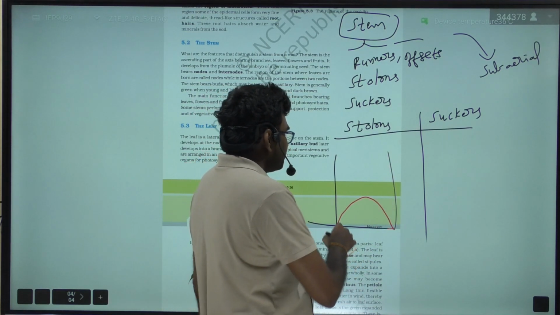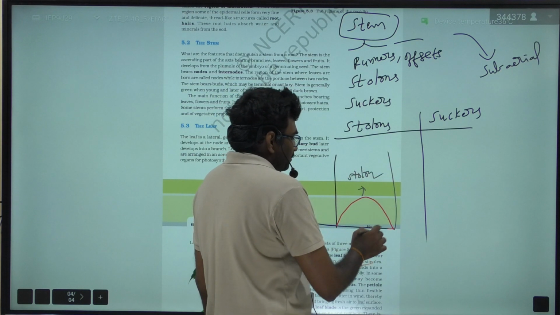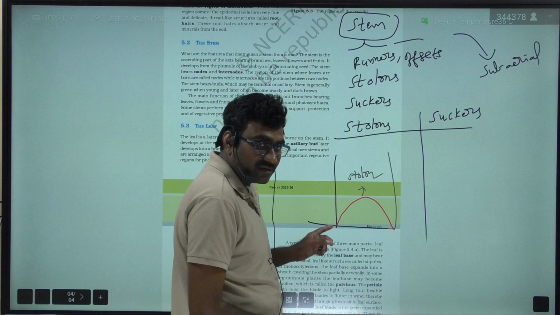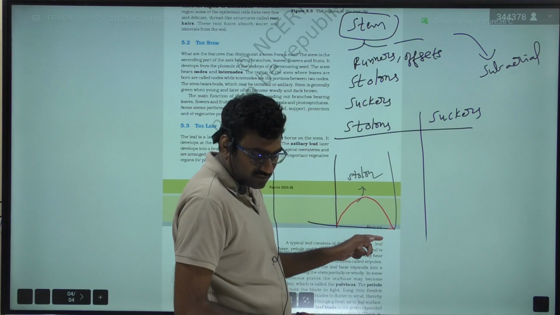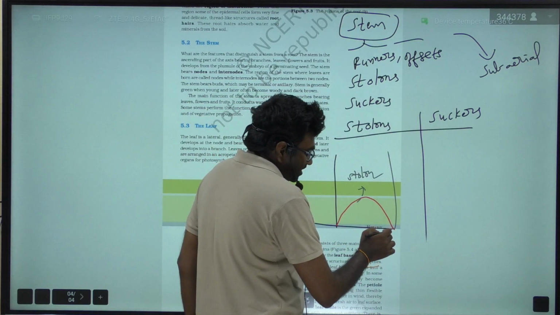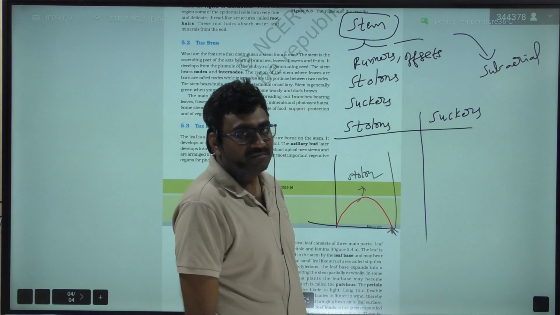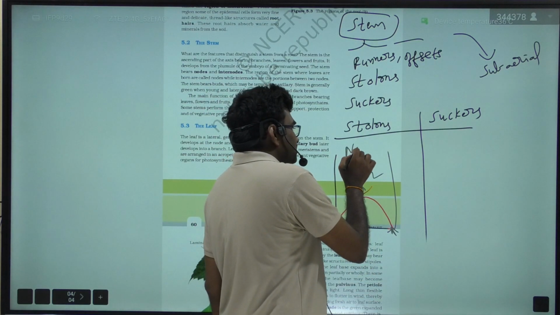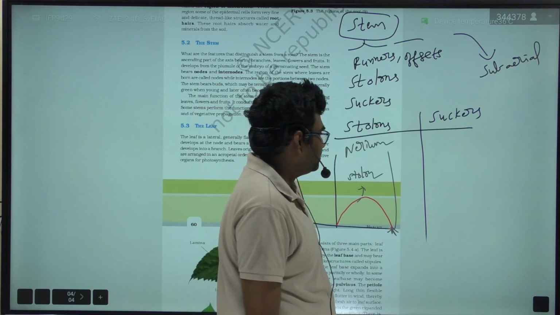So this arch is known as the stolon. By producing adventitious roots, it develops into a new plant. Nerium and jasmine are examples for stolons.